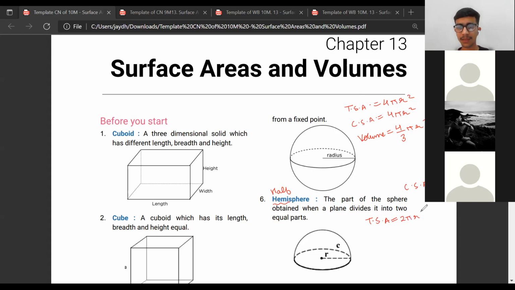So 2 pi R square plus pi R square, which will be 3 pi R square. Okay, volume? 2 by 3 pi R cube.